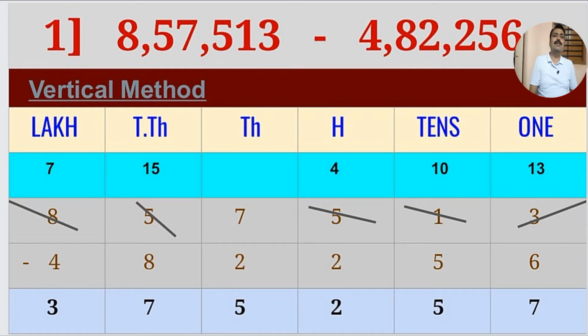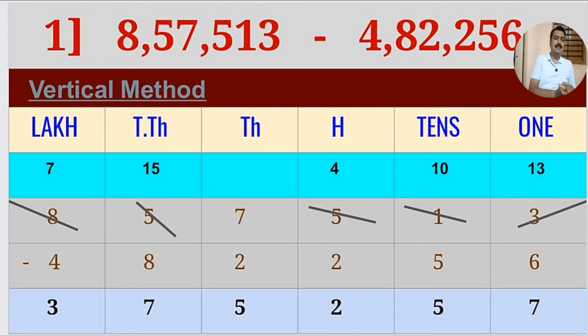After making this proper vertical arrangement, we are going to start the operation of subtraction. In previous videos, in the introduction of the subtraction process, we learned that the process of subtraction always starts from the ones place. Starting from ones, we have to subtract 6 from 3. If you observe, we cannot make this subtraction.